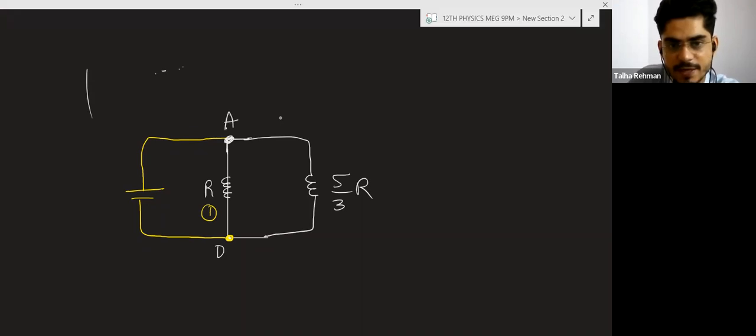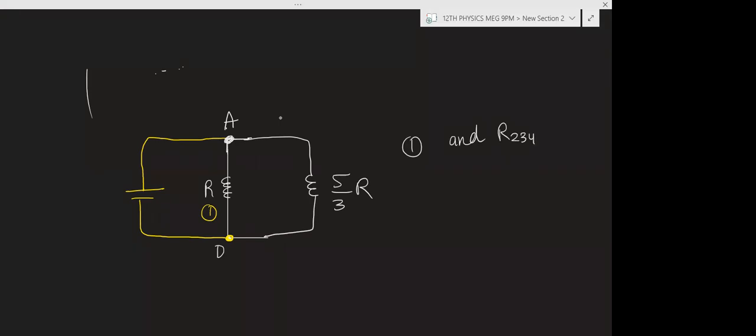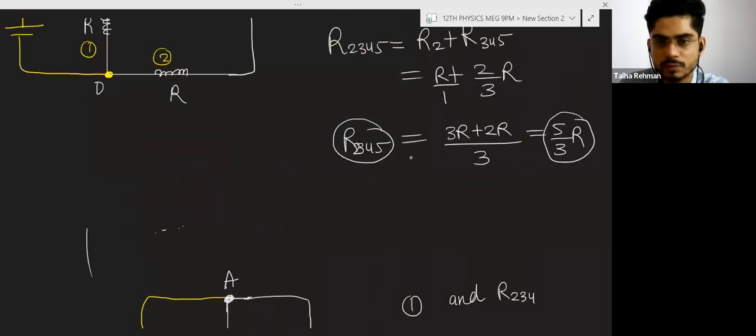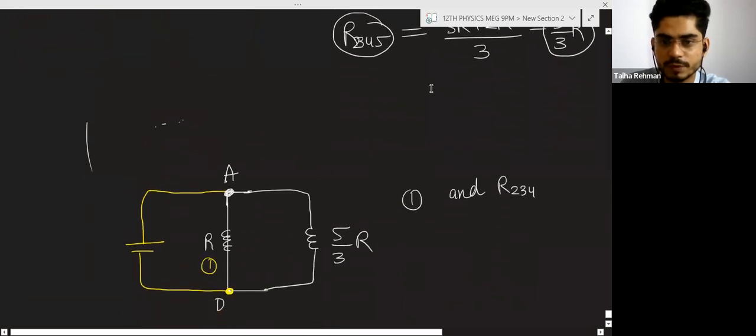This is end A. This is the end-to-end connection of this resistance and this resistance. So will this be series or parallel? Sir, this is series. See this, this is end-to-end connection. Yes, end-to-end connection means parallel connection.